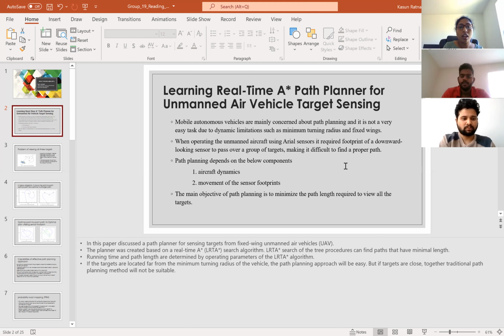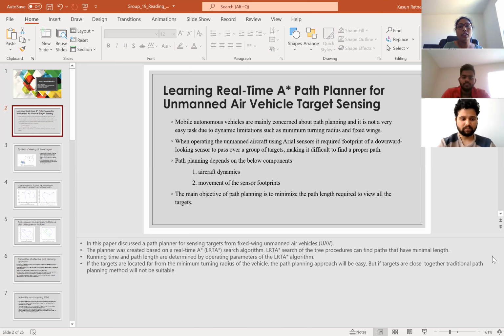If the targets are far from the minimum turning radius of the vehicle, then the path planning approach will be easy. But if the targets are too close, and we are using the traditional path planning algorithm, then we have to consider some other factors before we finally decide the optimal path.